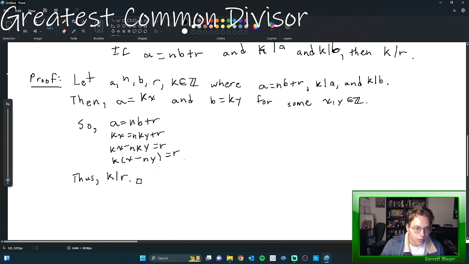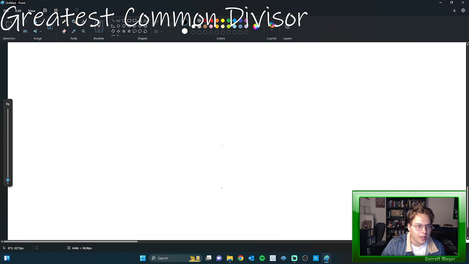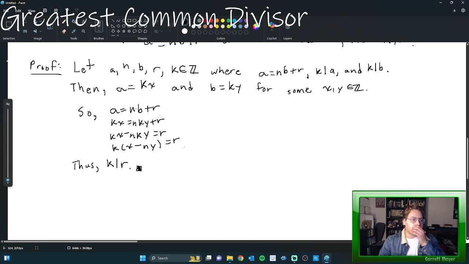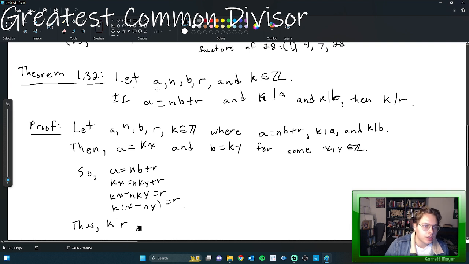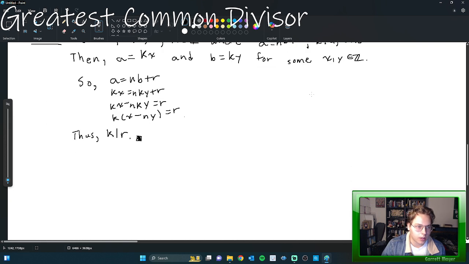Then this next proof will be longer. So what theorem 1.32 shows us is that if you have this division algorithm breakout for A and B, where the quotient is n and the remainder is r, and k divides A and k divides B, then k divides the remainder that you get when you use the division algorithm on A and B. So that's what theorem 1.32 shows us.